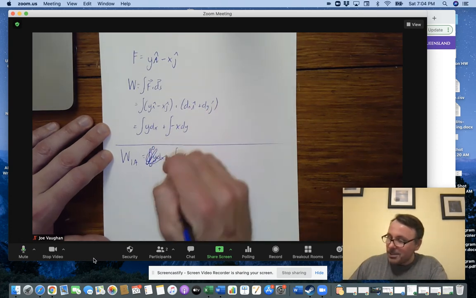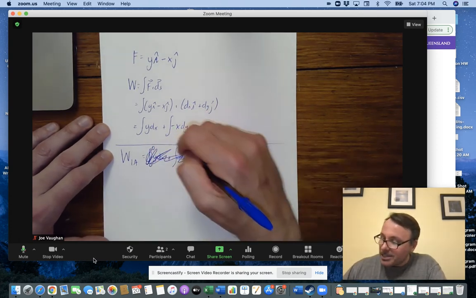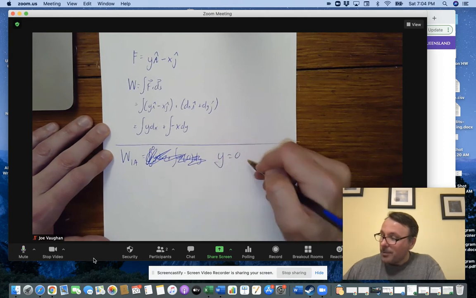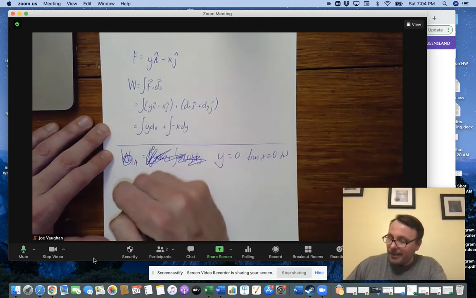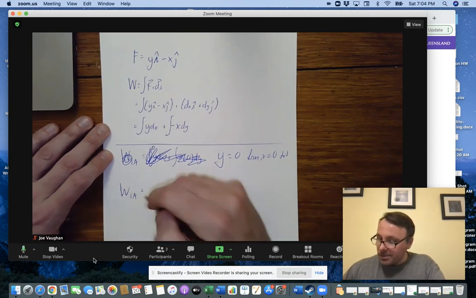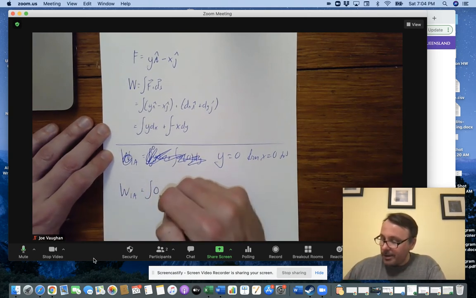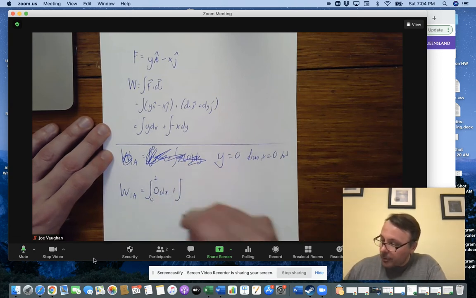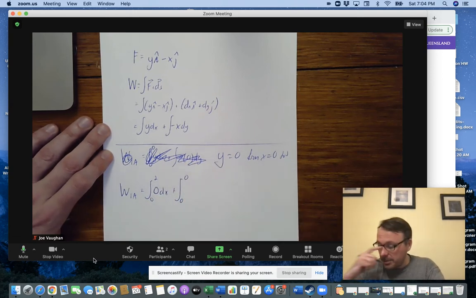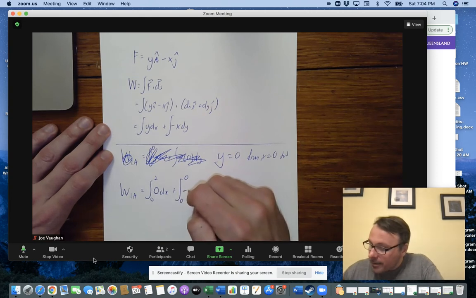I have this backwards because I'm trying to do this too quickly. It's along the line y equals 0 from x equals 0 to 2. So let's try that again. So along the line y equals 0, that's the first one, 0 from 0 to 2 of y dx, plus, and who cares here because the y bounds are from 0 to 0, of negative x dy.